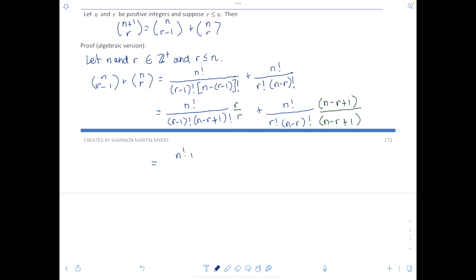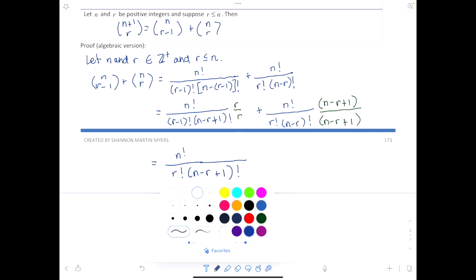All right, so now continuing, we'll have n factorial times r over r minus 1 factorial times n, whoops, sorry, I'm putting it under that common denominator now. So r factorial times n minus r plus 1 factorial. So that's the common denominator. So I'm going to need to add plus, so I'll show where I've added the common denominators in a different color.